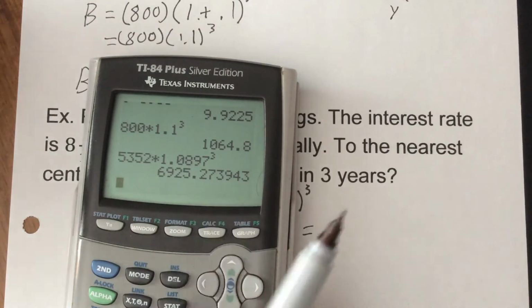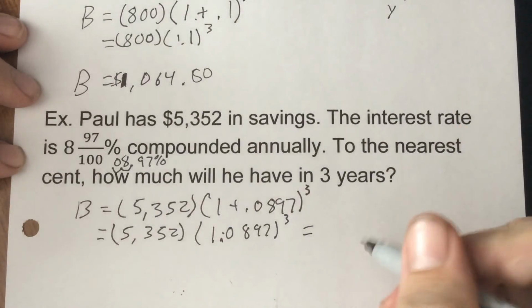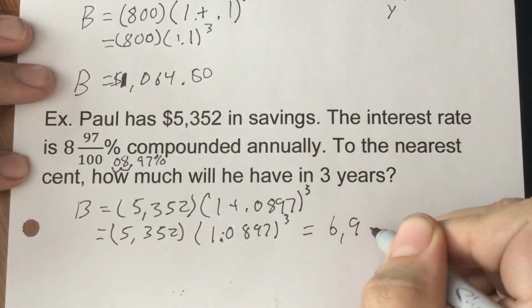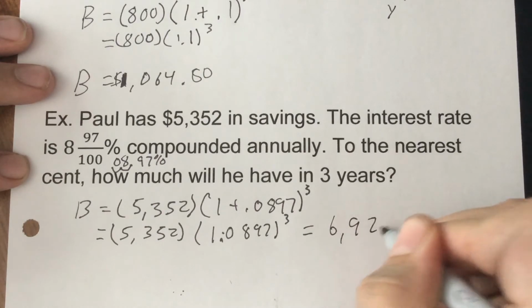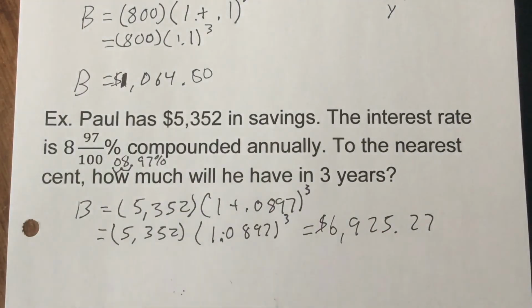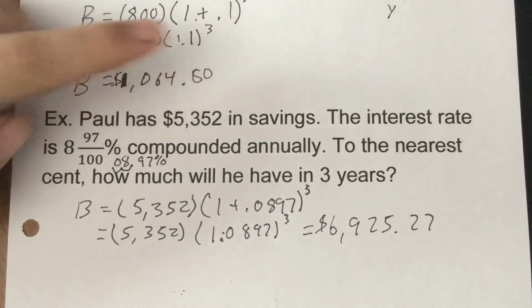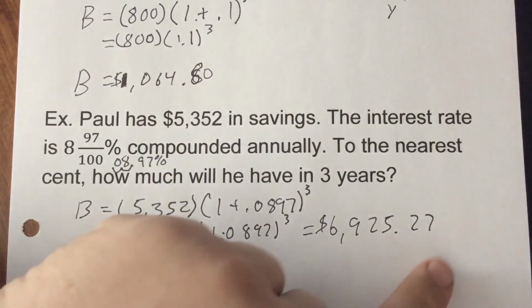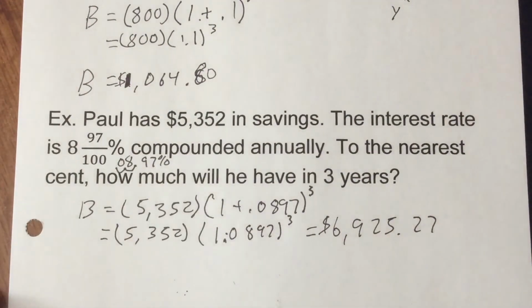The 7 will stay since that's a 3. So 6,925 and 27 cents. So remember, always round to 2 decimal places with money. So if we don't have enough, we got to add in the 0. And if we go too far, we'll just round it to the second place.